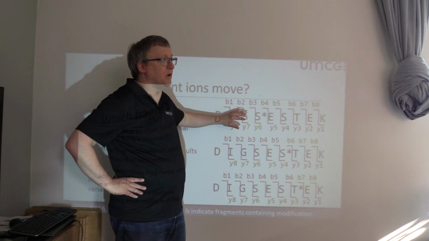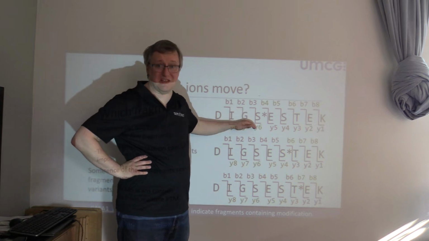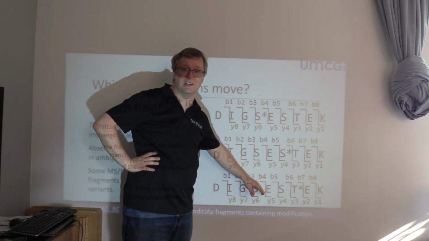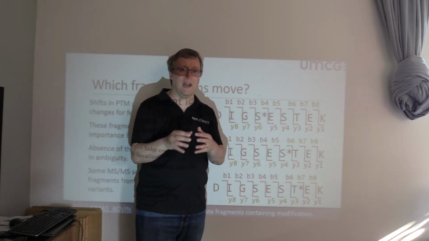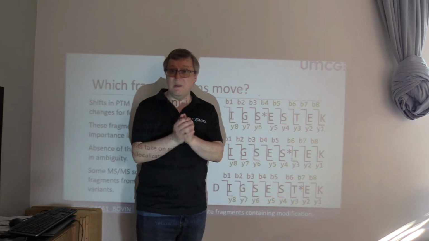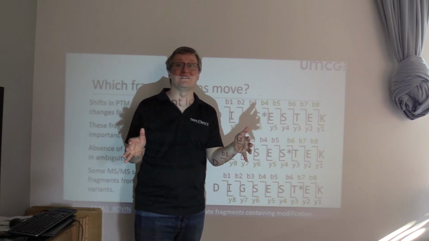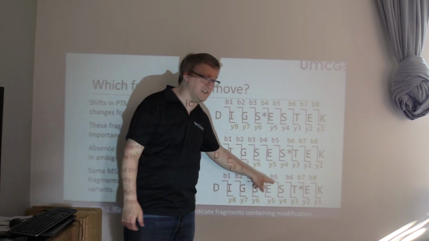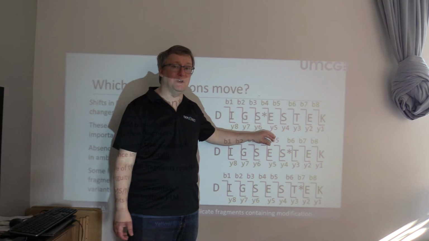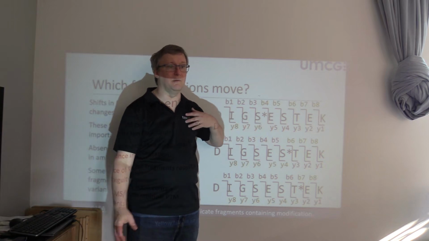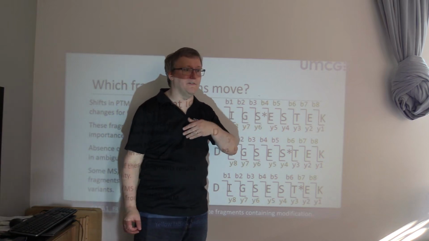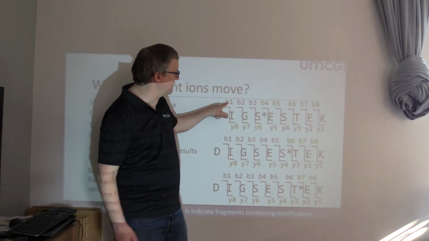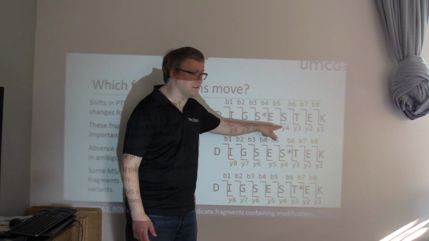So when we just see the MS-MS, it's possible that multiple phosphorylation variants exist and all the fragments of all three variants may be mixed in a single MS-MS. But for now, let's pretend that only one of these is the correct answer. How would we deduce the probability that the phosphorylation is at this site and not that site? Okay, so I've colored the fragment ions differently here.